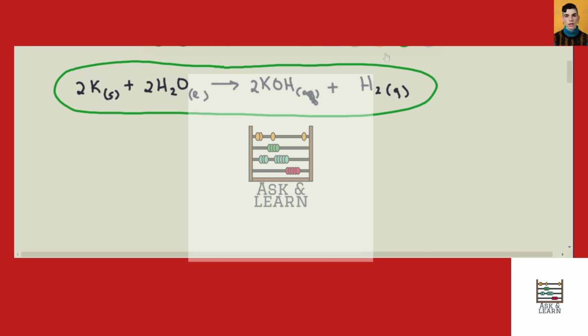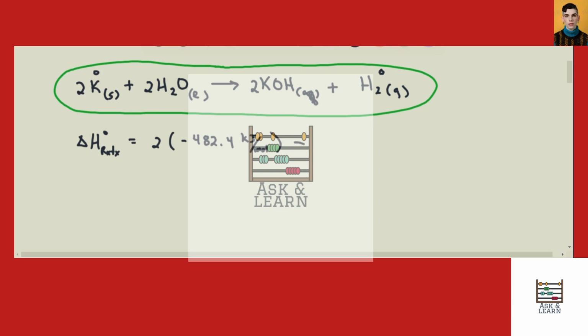Moving on to part B, calculating our standard heat of reaction, or enthalpy of reaction. We only have one product to be concerned with here because hydrogen is an element, so it is going to have a heat of formation of 0. And similarly, potassium. So we need to look up KOH, and there are 2 KOHs. So 2 times negative 482.4 kilojoules per mole.